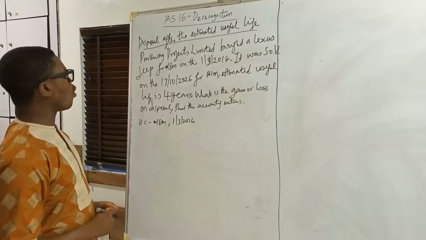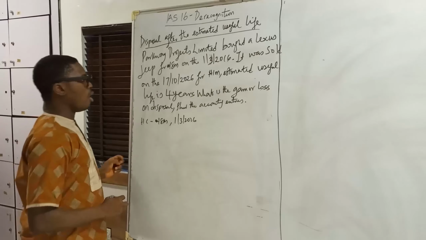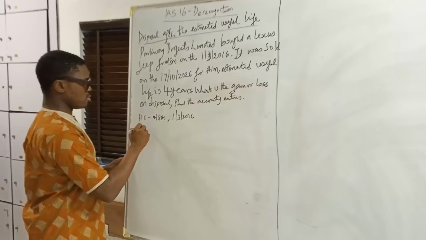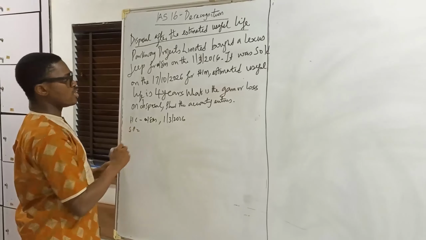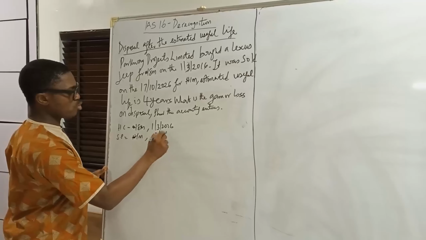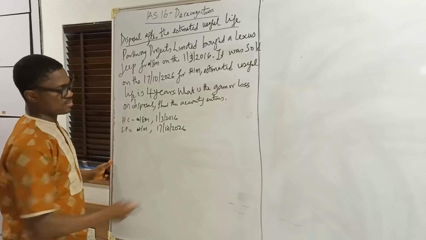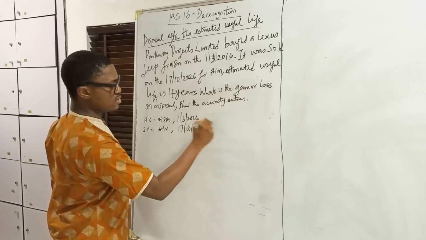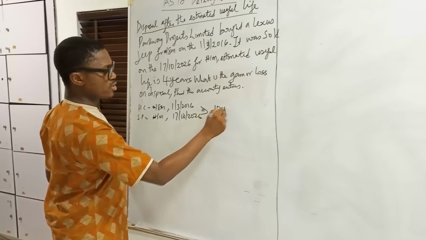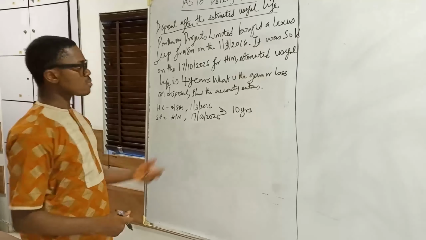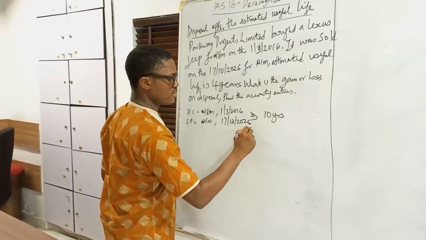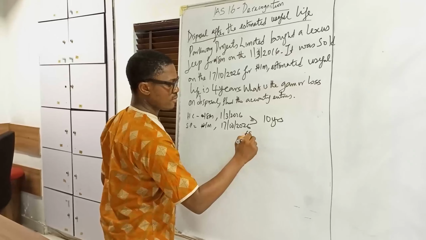It was sold on the 17th of October 2026 for 1 million naira. This already tells us that it was used for 10 years. Estimated useful life is 4 years.